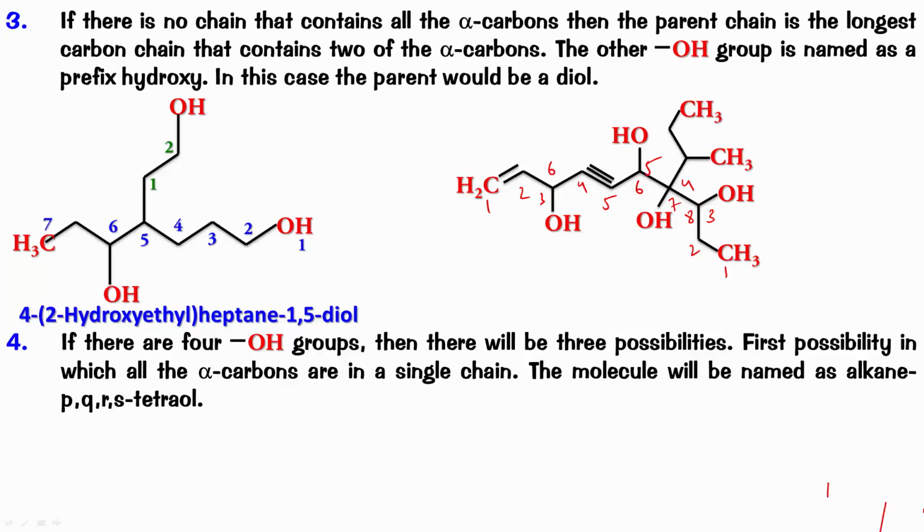So my left side numbering is not going to work because the OH group occurs at 3 and 7, sorry, 3 and 6, but from the right side I get it at 3 and 7.